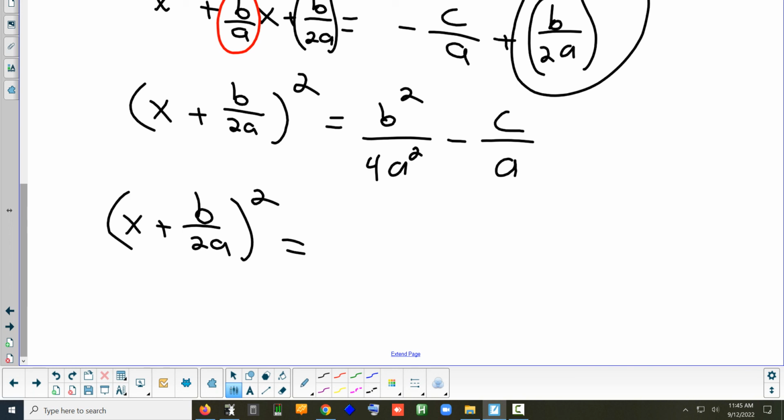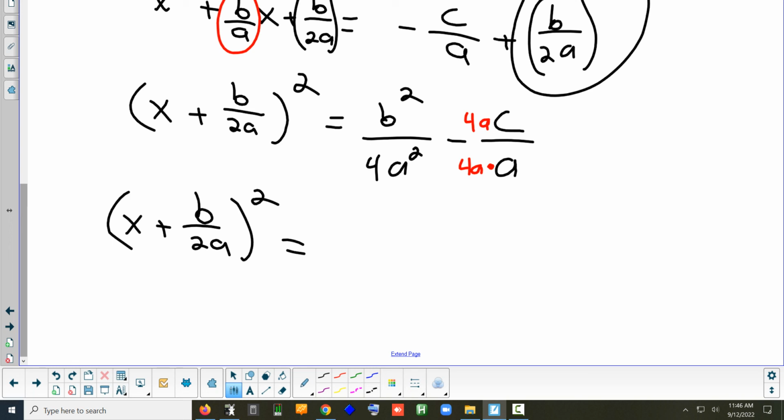Find a common denominator. Because if you want to combine them together into a single fraction, you need a common denominator. What would I multiply the bottom by to make that denominator the same as that one? 4a. And where else do I have to do it? In the top, look what you just got. Minus 4ac.